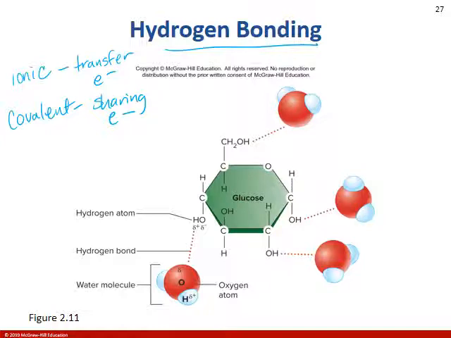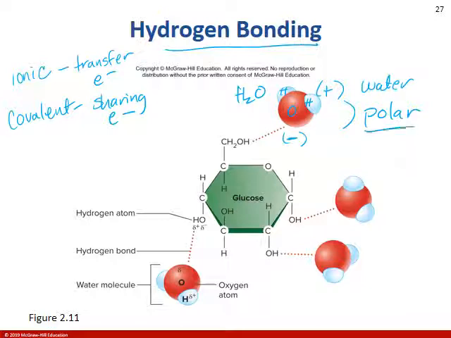So what's going to happen is you're going to have interactions. Remember, this side is negative and this side is slightly positive because water is an example. This is oxygen, hydrogen, hydrogen. That's H2O. That is water, right? So this is an example of a polar covalent bond.